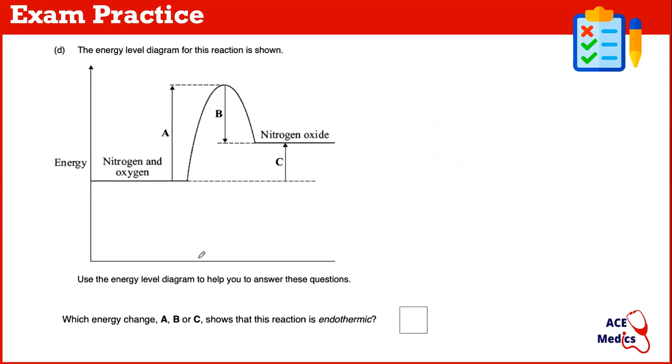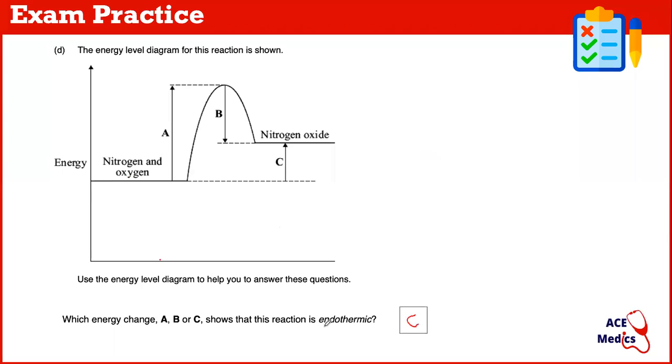Next question then. Which energy change, A, B, or C, is showing that this is an endothermic reaction? So what do we think? Which letter is showing that this is actually an endothermic reaction? Yeah, C. Excellent. So C is the right answer for this one. How do we know?